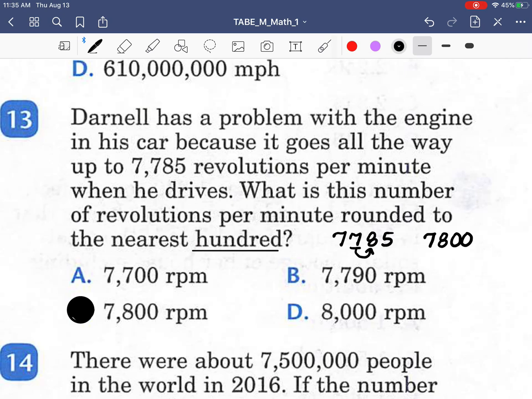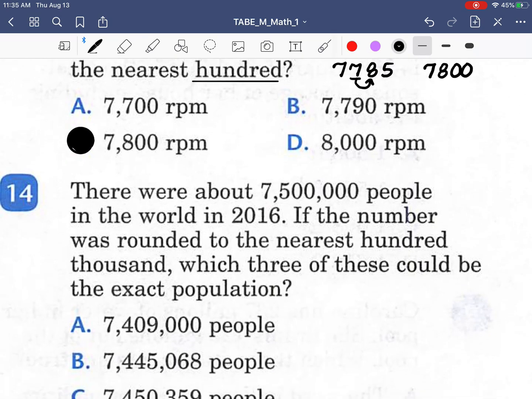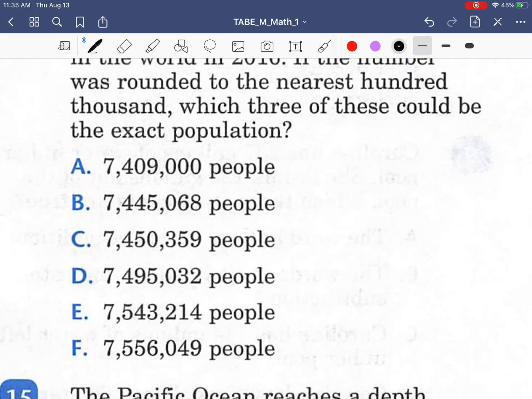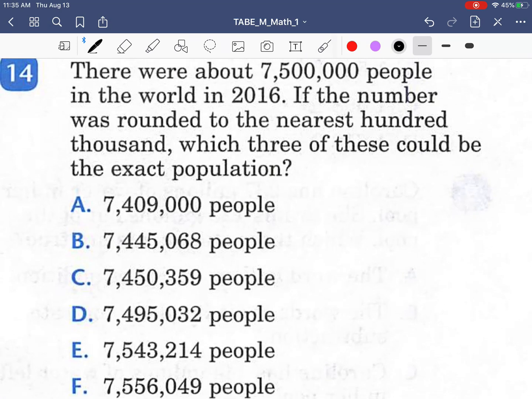Let me get to my next page here. Number 14. I have a note that there's something special about 14. So let's slow down here. I'm not sure what it is. I don't have the answer, but I made a note that something's different.